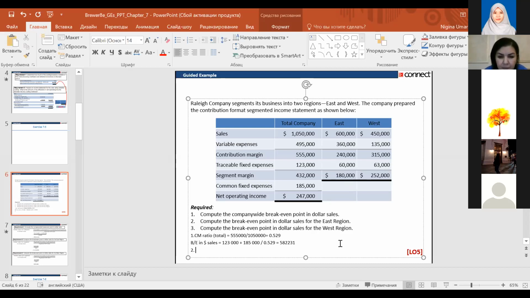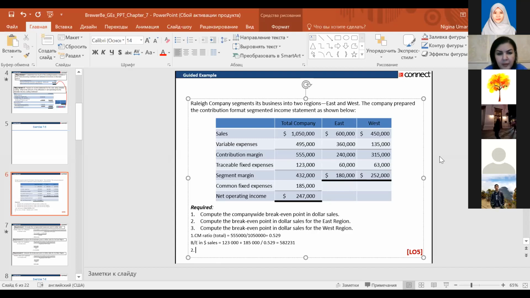So the 60,000 dividing by 1.529. Okay. Let's see who is telling this, Salma or Fabrianti? Okay, so contribution margin ratio now for East.